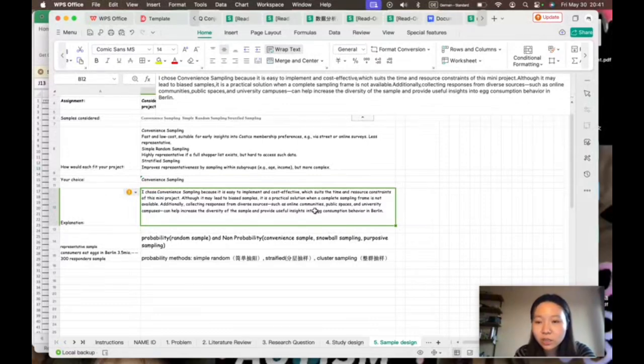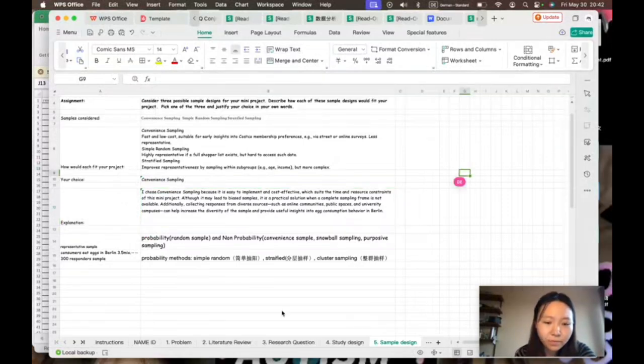Additionally, collecting responses from diverse sources such as online communities, public spaces, and university campuses can help increase the diversity of the sample and provide useful insight into Costco membership behavior. Next are the attributes and levels.